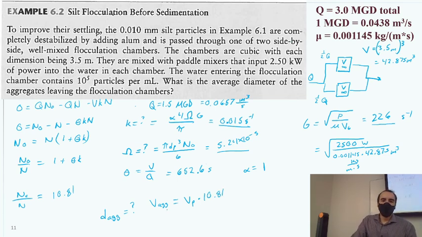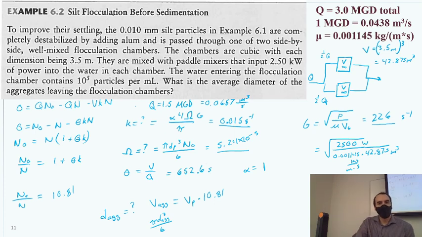So with that, we can solve and say, if we know the volumes here, we can also convert to diameter. The volume of a sphere, again assuming these are spherical, is going to be pi d cubed, so this time d aggregate, divided by 6.